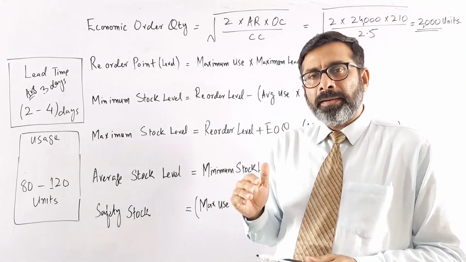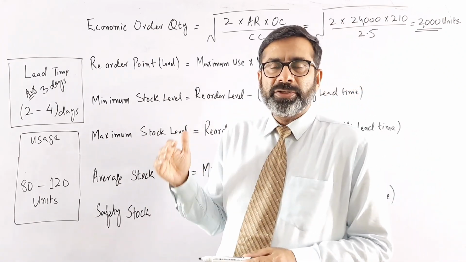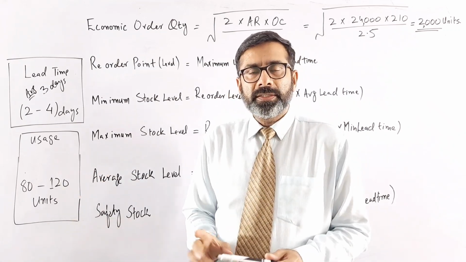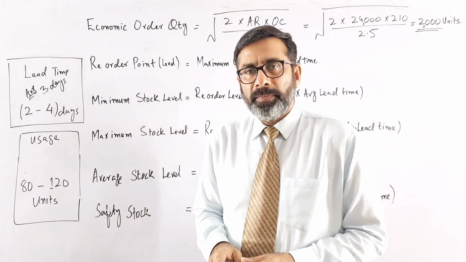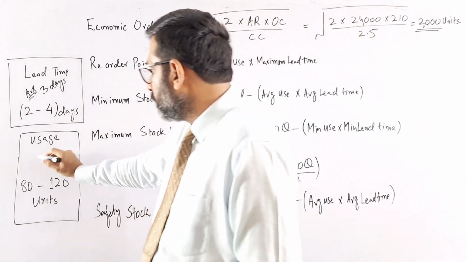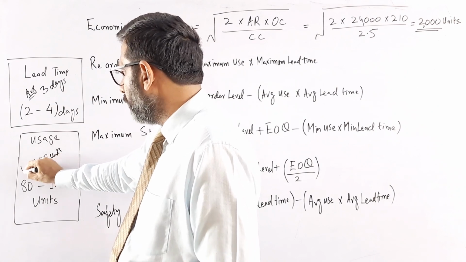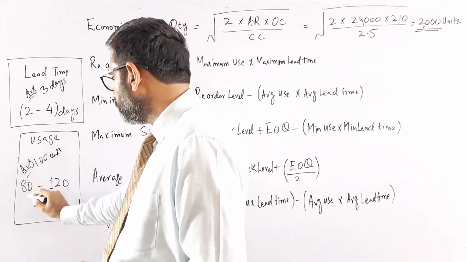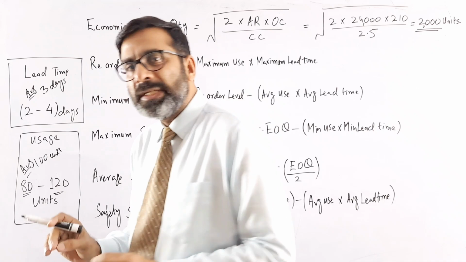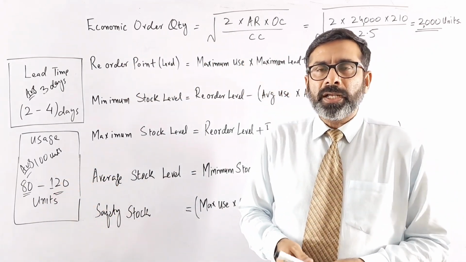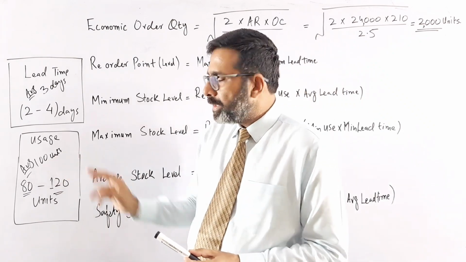As per the previous year's average or the information they have, they use a maximum of 120 units on a daily basis. So the minimum usage is 80 units, the maximum usage is 120 units, and on average they use 100 units per day.